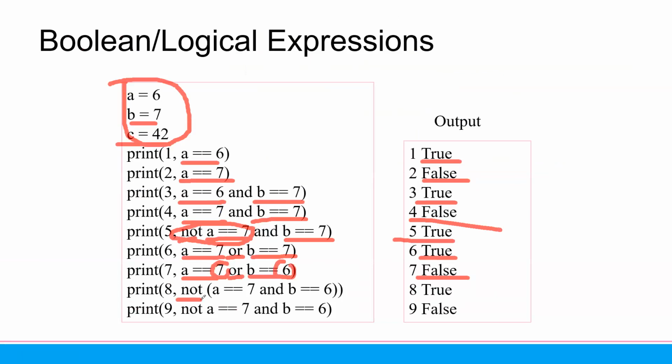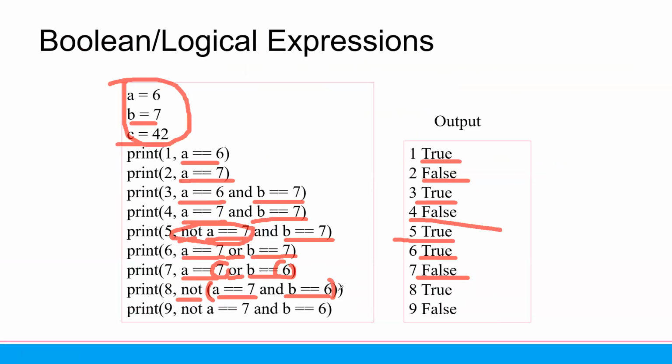So it is different when you put the not before the parenthesis. Not A equals 7 and B equals 6. A equals 7, false. B equals 6, false.